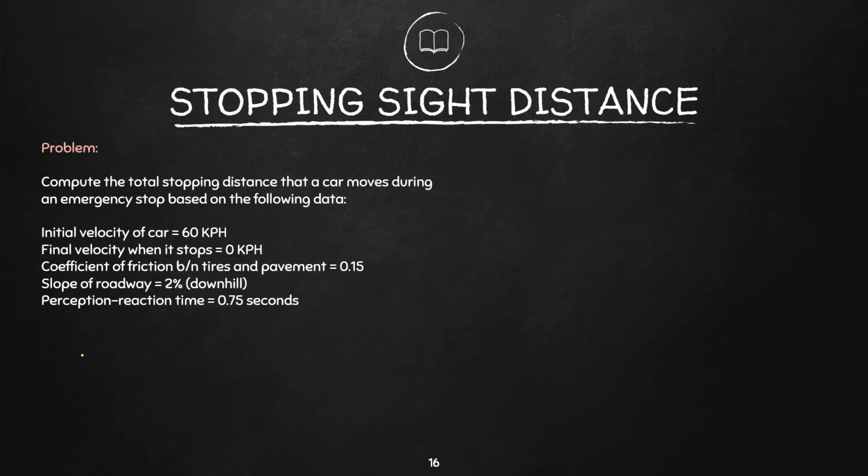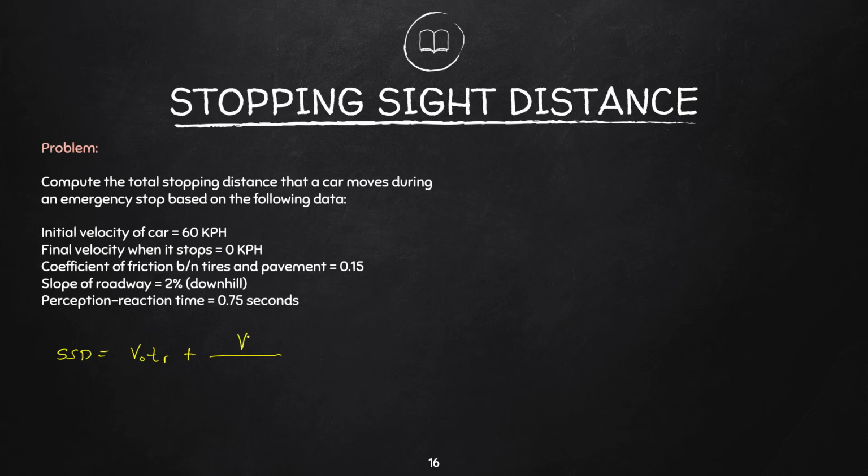So we have our formula. You are looking for the total stopping sight distance, and we know that SSD is equal to the brake reaction distance, V₀TR, plus, take note that we are given the friction, so we will use the formula in terms of friction.